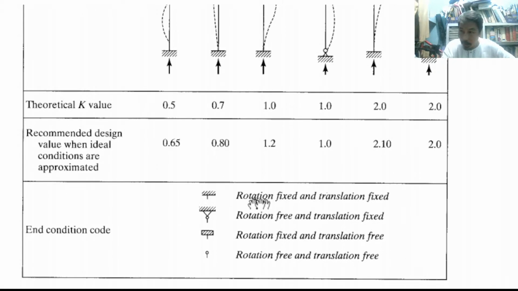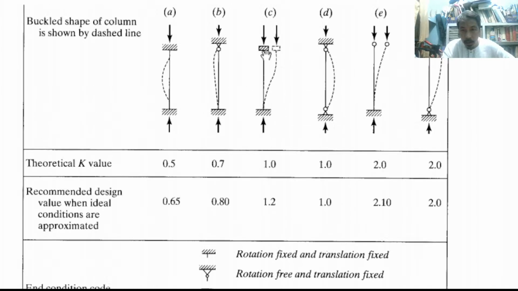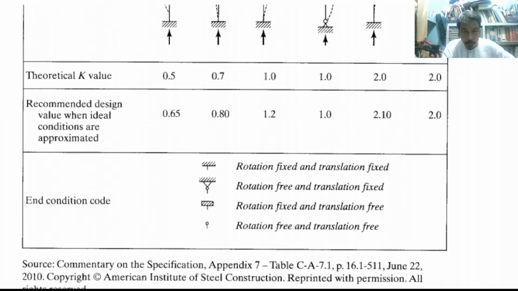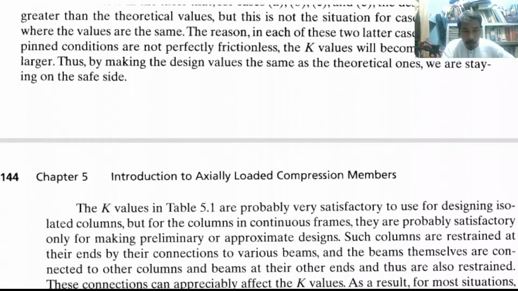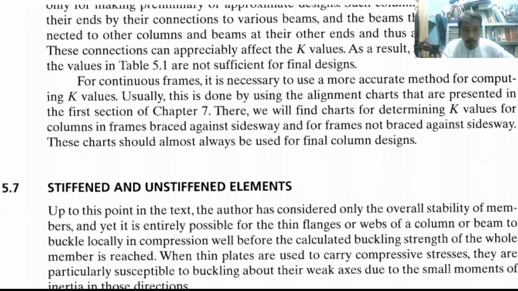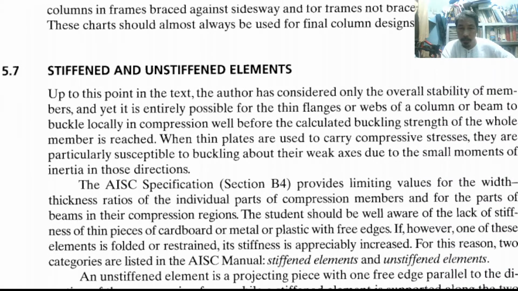Rotation could be fixed, but translation free means free to move. Those are the values of K, and therefore use them for solving the equation, particularly in solving Euler stress.